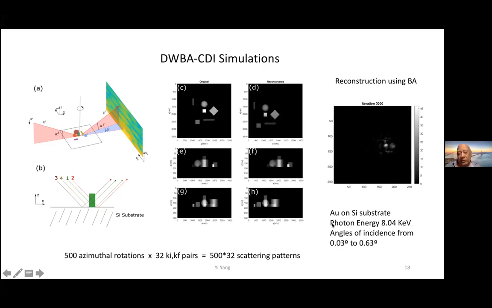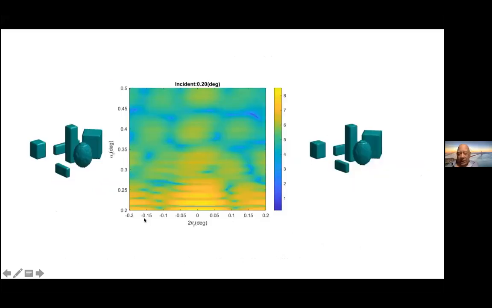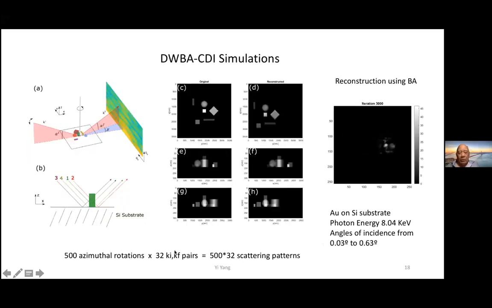We simulated the scattering using a photon energy of 8 kiloelectronvolts with angles of incidence from 0.03 degrees to 0.63 degrees. And we used the DWBA to calculate the scattering pattern because we assume that the scattering is more accurately DWBA than anything else. That's optimistic in some cases, I know.